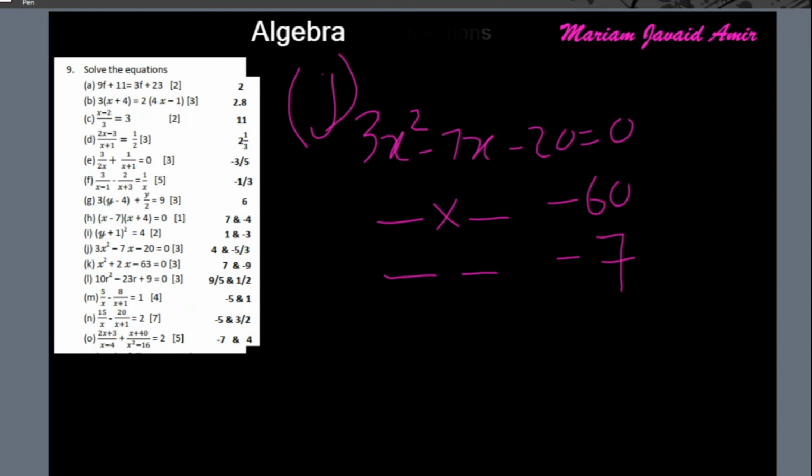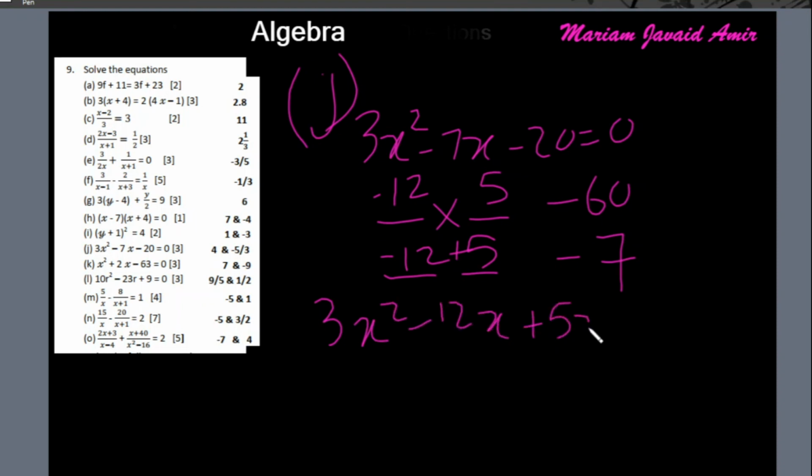So what would be the two numbers? I think minus 12 times 5 will give me minus 60, and minus 12 plus 5 will give me minus 7. So 3x square minus 12x plus 5x minus 20 equals 0.